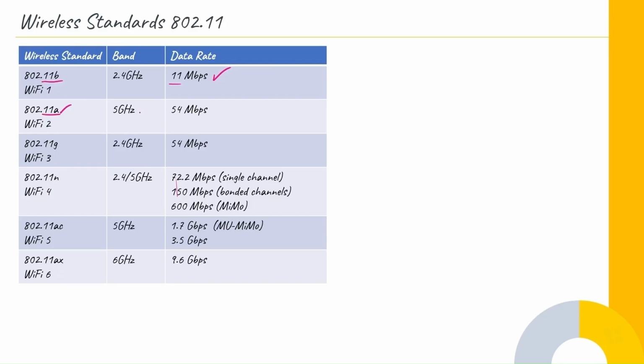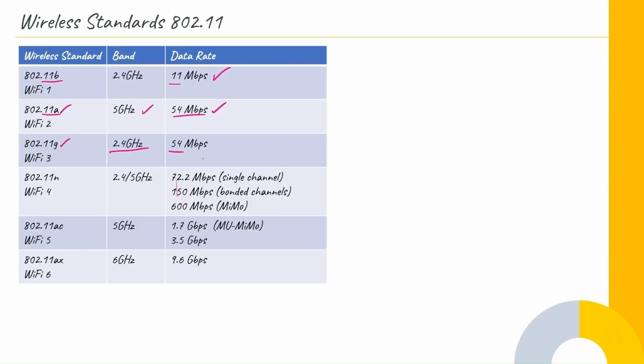But 802.11a moved into the 5 gigahertz space, and you can see here it gave us 54 megabits per second. But we just didn't see it implemented all that much, even though for most purposes it was actually better. So wanting to stay within the 2.4 gigahertz range, they moved on to 802.11g, now known as Wi-Fi 3.